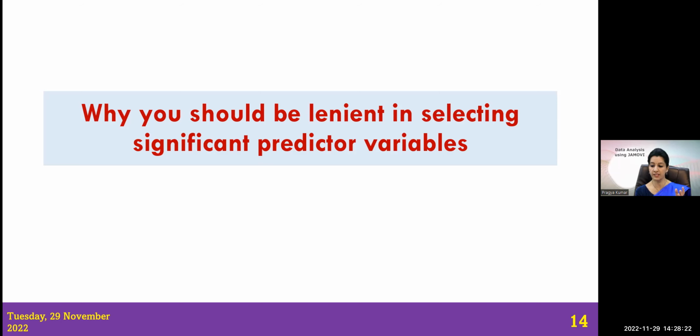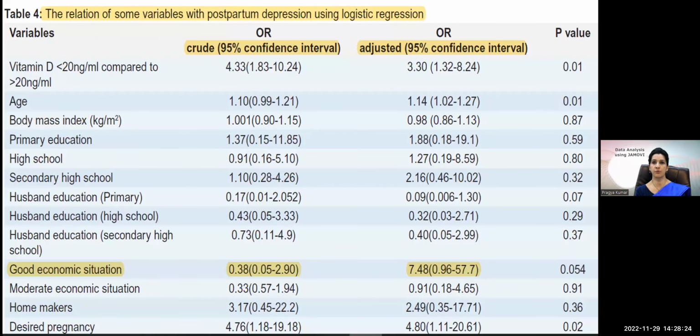Let's see that. In this case, you can see here one table where the author has taken postpartum depression as the dependent variable using logistic regression. So this is the crude odds. Unadjusted odds is also known as the crude odds, and adjusted odds is where you have many variables.